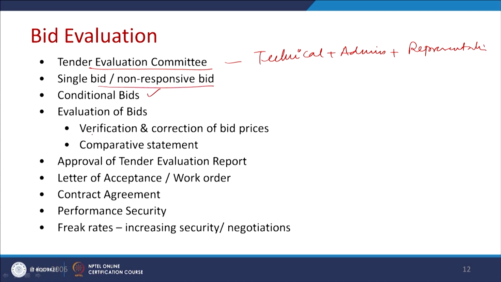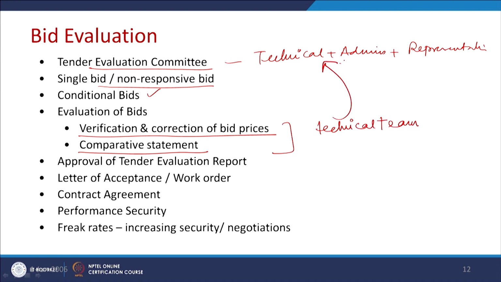Evaluation of the bids could include verification and correction of the bid prices, and a comparative statement. All this you have to prepare by your technical team and put up to the committee, so that the committee can check and approve it. Then approval of the tender evaluation report, letter of acceptance and work order to be issued.